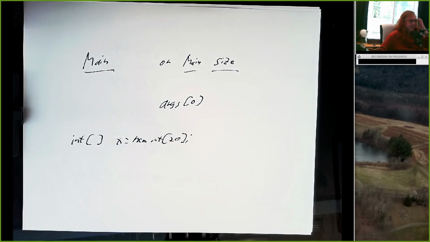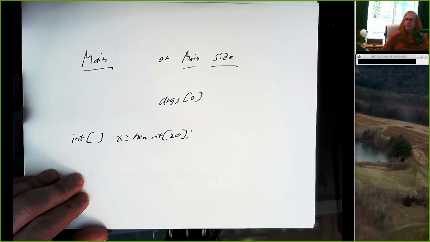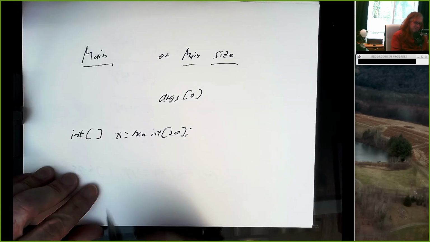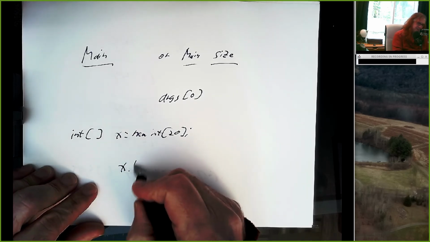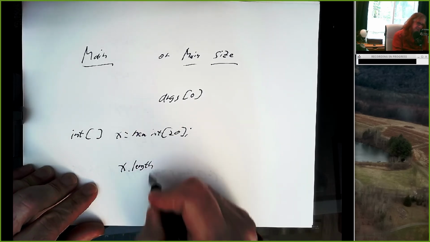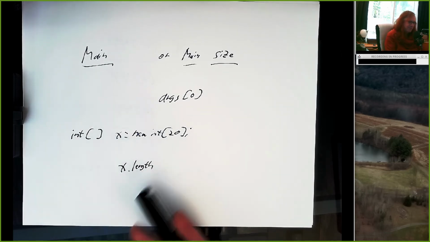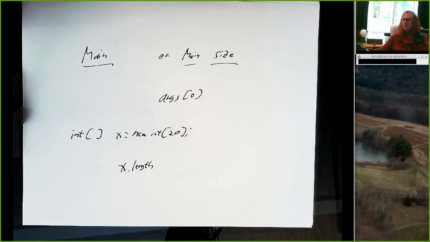We could pass x to a method or do something else with it, and at some point, if we want to know how big the array is, we can always say x.length, and that should give us 20 in this case. And then if we wanted to add up the elements in this array and take their average, we could just add up all the elements and then divide by x.length.